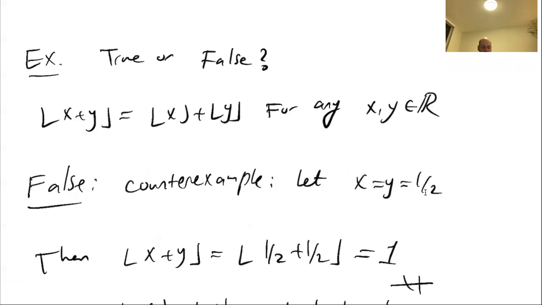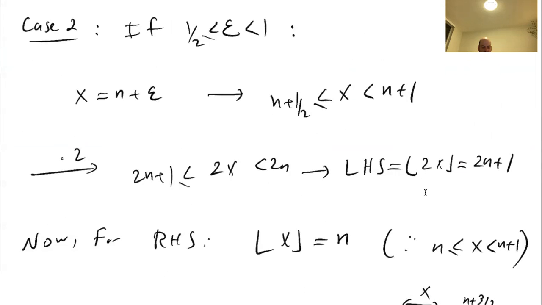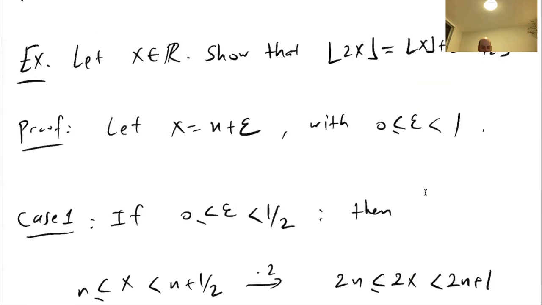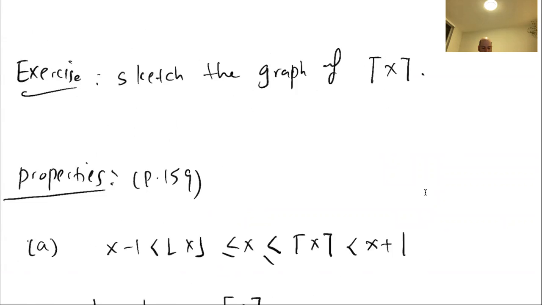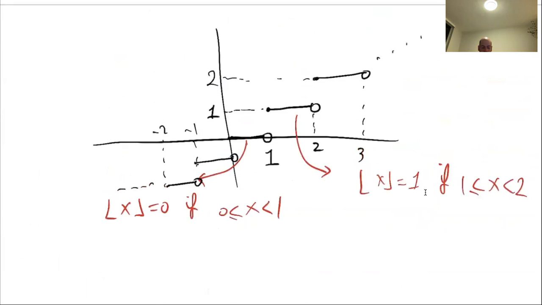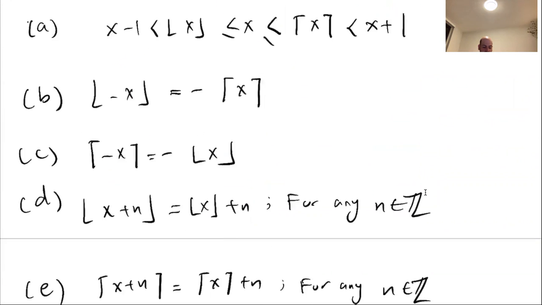Because remember the graph, it obviously does not pass the horizontal line test. Look at the graph here. The horizontal segments, so it's not 1-to-1, therefore not invertible either.